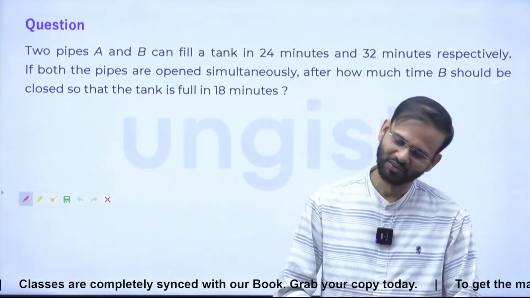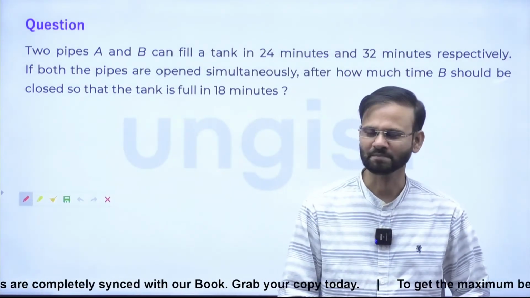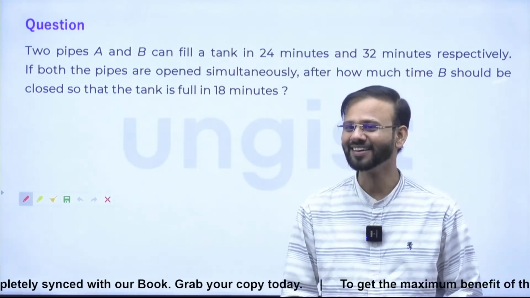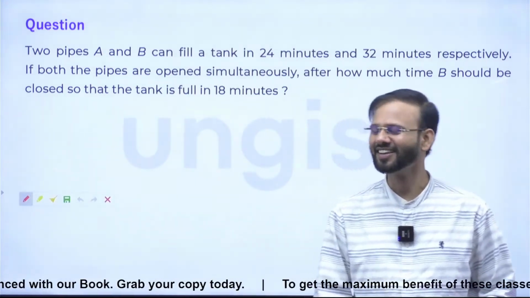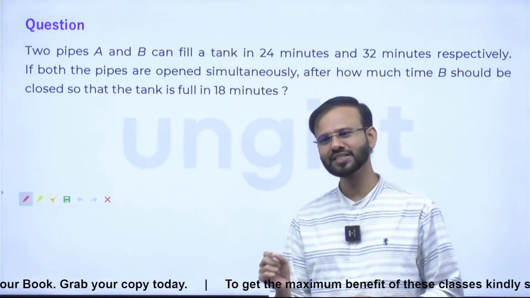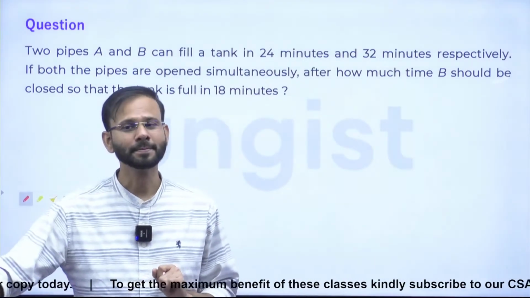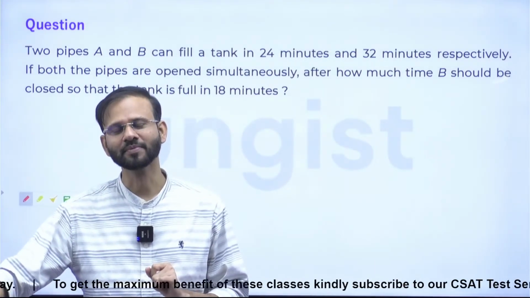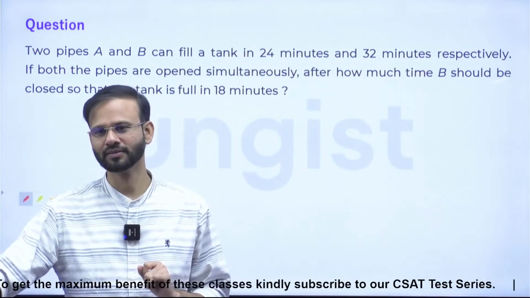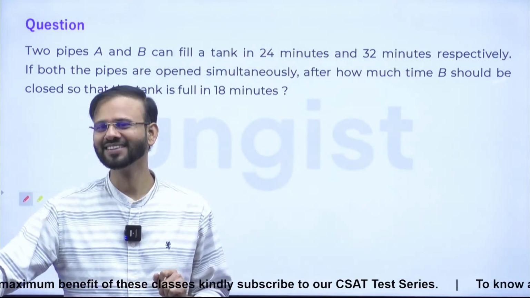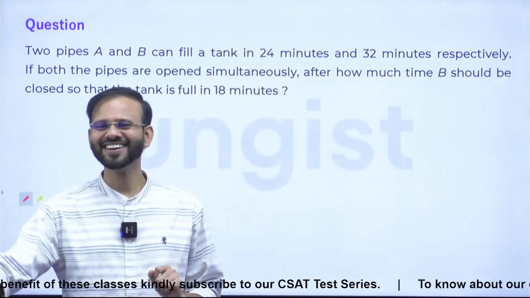Two pipes are there. Two pipes are filling the tank in 24 minutes and 32 minutes respectively. The question is asking that if we open them simultaneously, in how much time should B be closed?